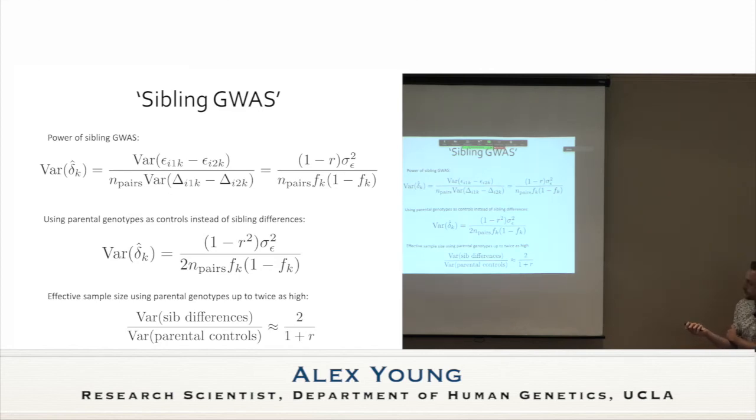If you have half siblings, you don't use them in the same way, because they don't share both parents, they can't be used in quite the same way to get unbiased estimates of direct effects. If you have parent of origin and phasing and stuff, there's a way you could use them, but it's not as simple as just taking the difference.